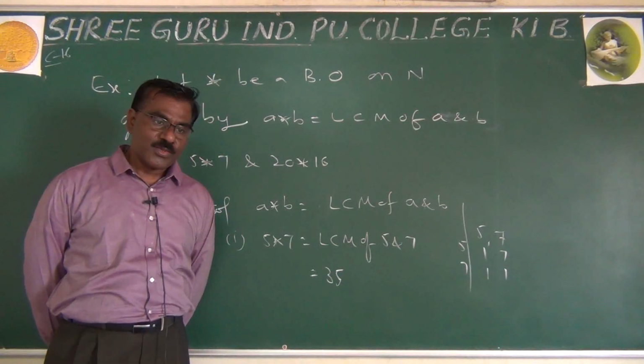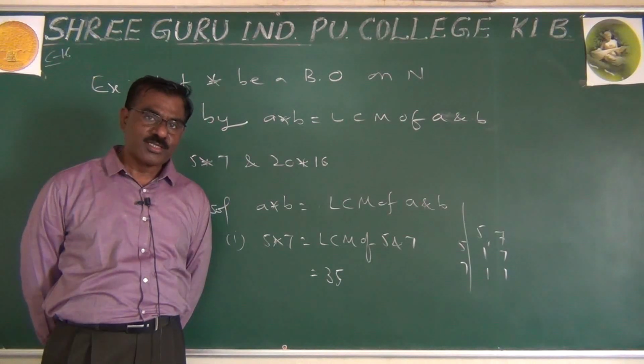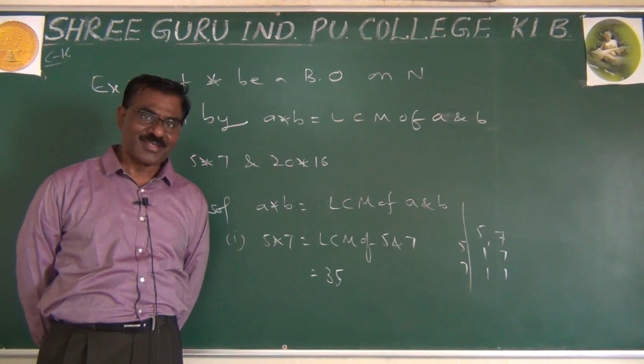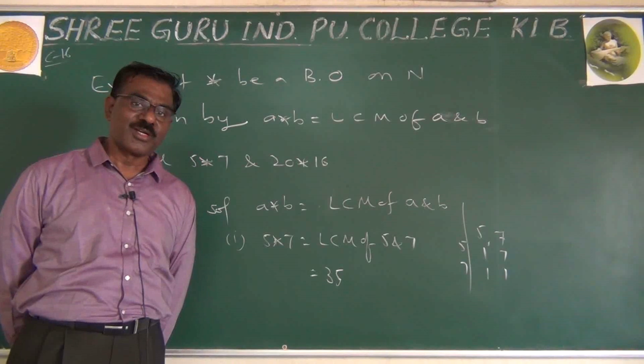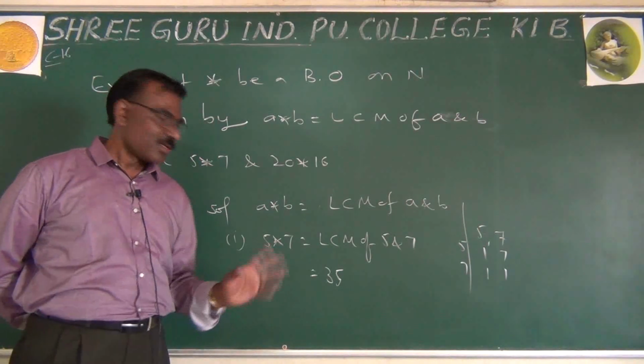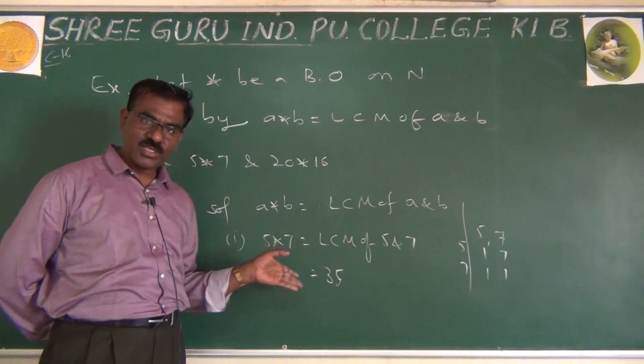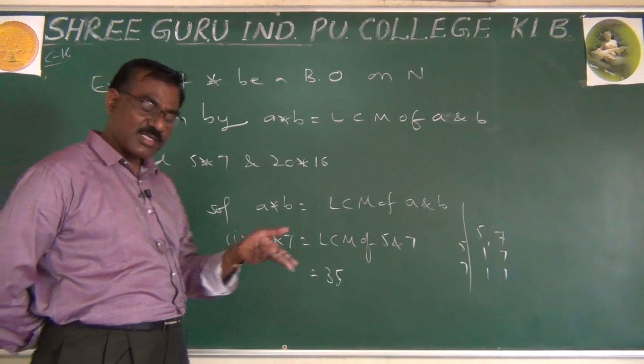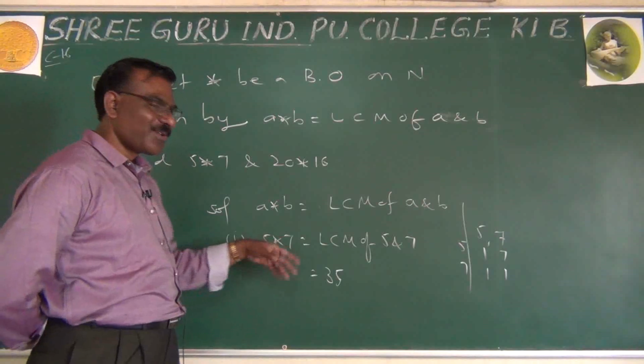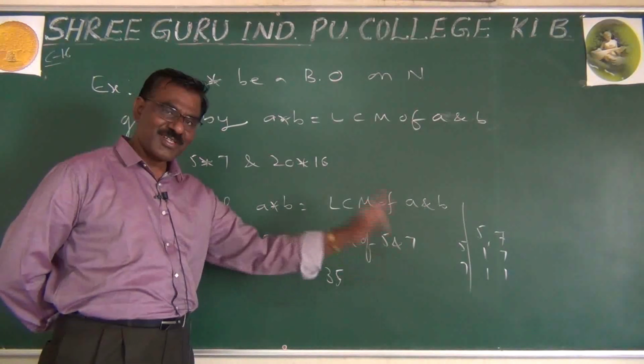Even if students don't understand this problem, they can still write an answer, because students who don't know the LCM just multiply. Even then you get marks, but mostly in 2020 this same question, LCM is the only question. 5 into 7, very simple question, 35.